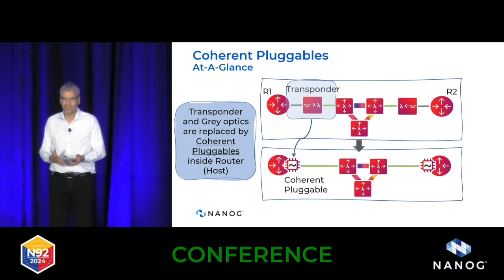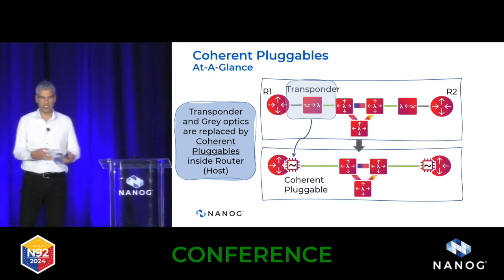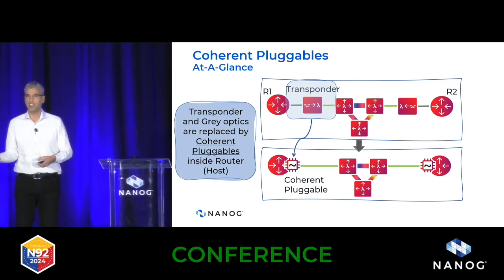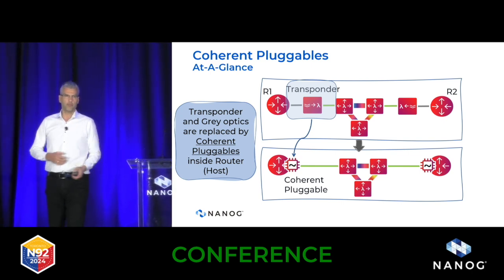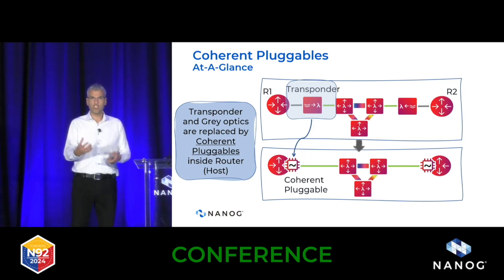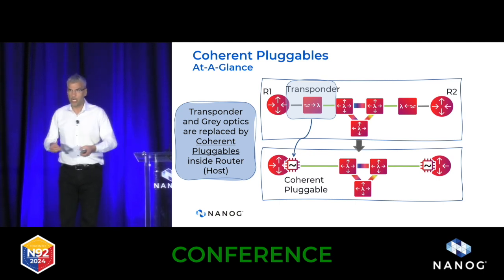All of them are exactly the same. So now I have the same router. From the router perspective, it doesn't change the fact that I have an IP link between router 1 and router 2. But from the physical connectivity, instead of a transponder, I now have that pluggable. Now you will see the pluggable physically goes into the router.